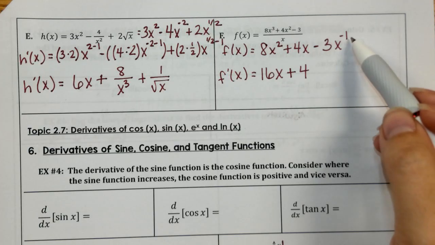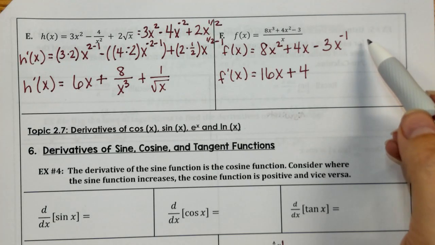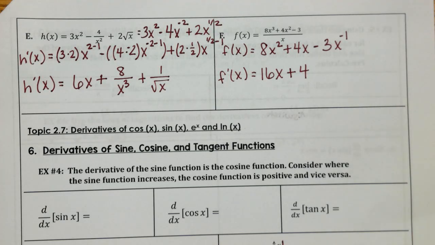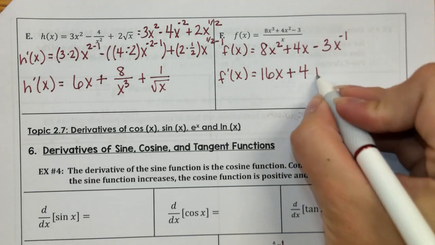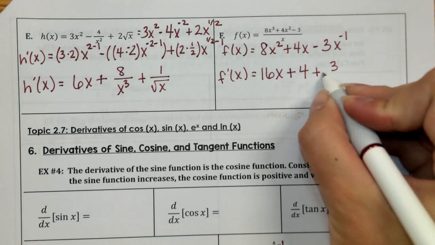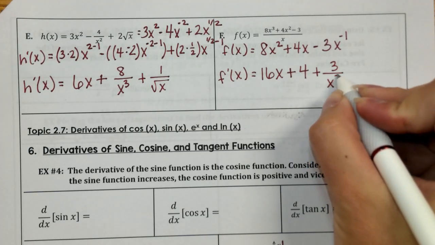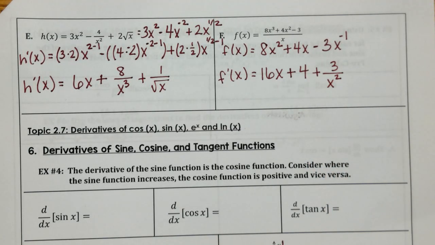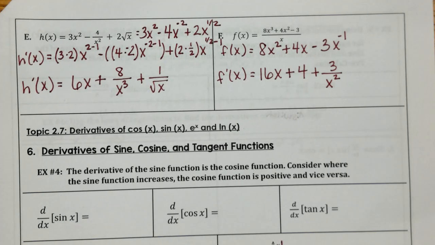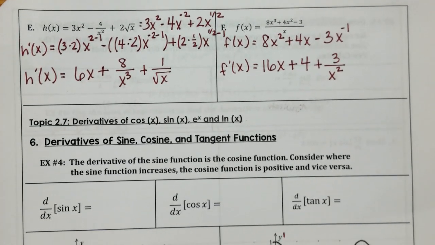Then my x, I'm doing negative 1 minus 1. Negative 2, which means it's going where? To the denominator. So what's my final answer here? 16x plus 4 plus 3 over x squared. That's correct. Y'all are so smart. You are so smart.